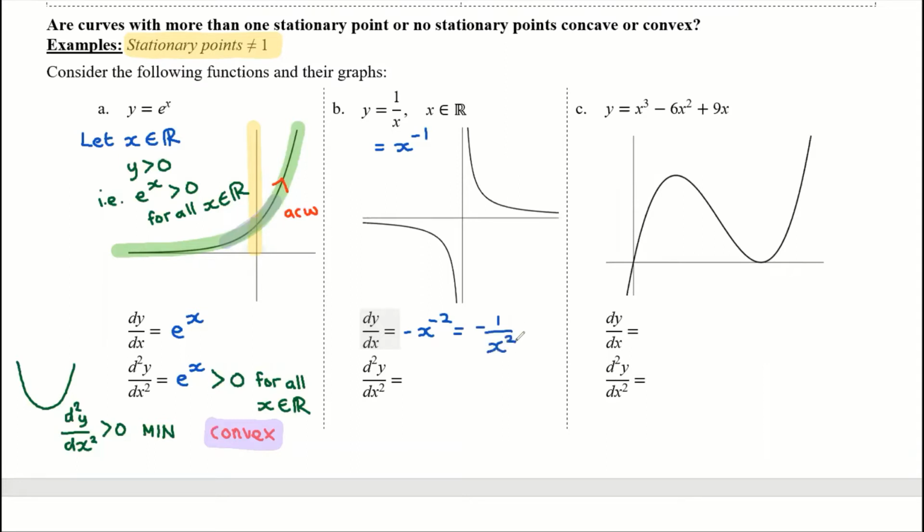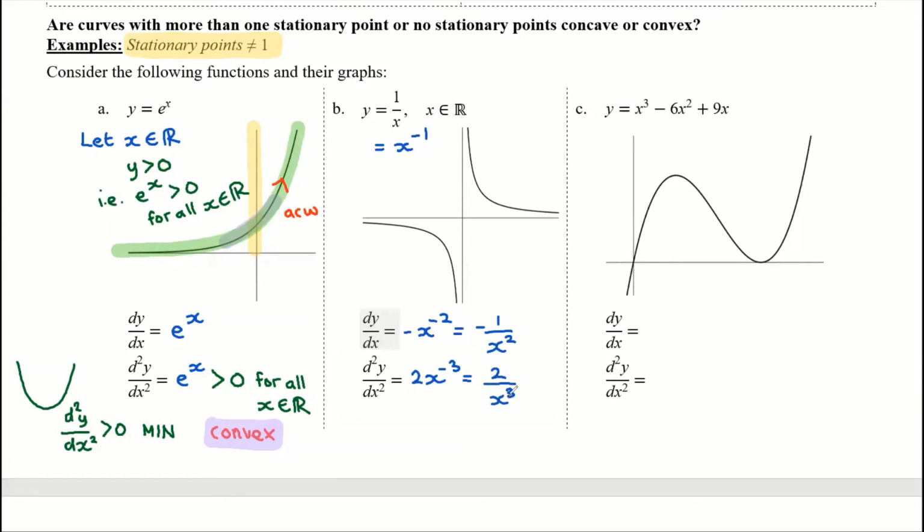All right. Now we know that that's always going to be negative. We had a similar case with the log graph. That was the second derivative of the log graph, wasn't it? But now we have to differentiate that again. So differentiating again, we've got negative times negative, which is positive, 2x to the power -3, which is of course 2 over x cubed.